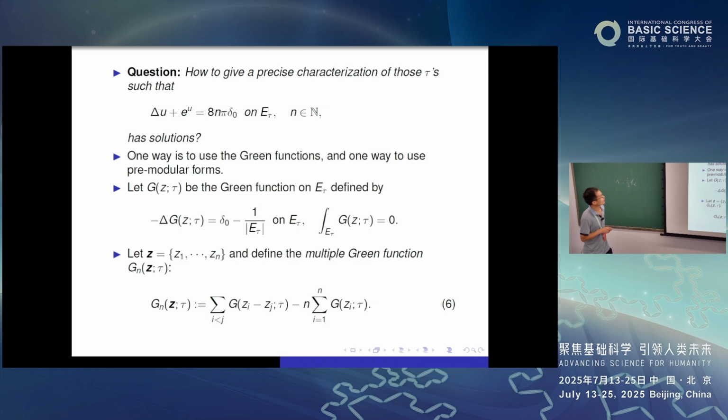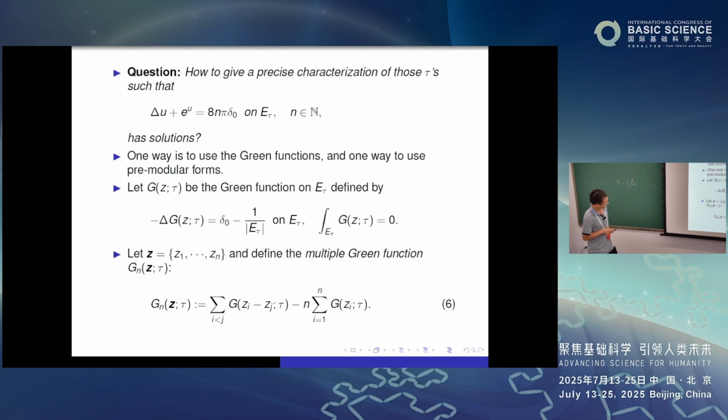So now a natural question is: since whether a solution exists or not depends on the choice of tau, can we give a precise description of such tau? One way is to use the Green function. Another way is to use the pre-modular form. So let's first look at the Green function.